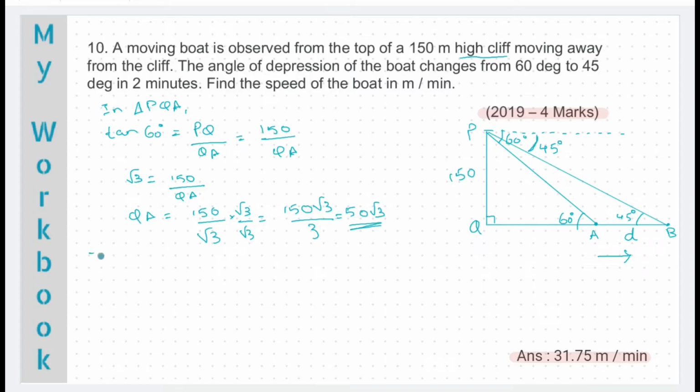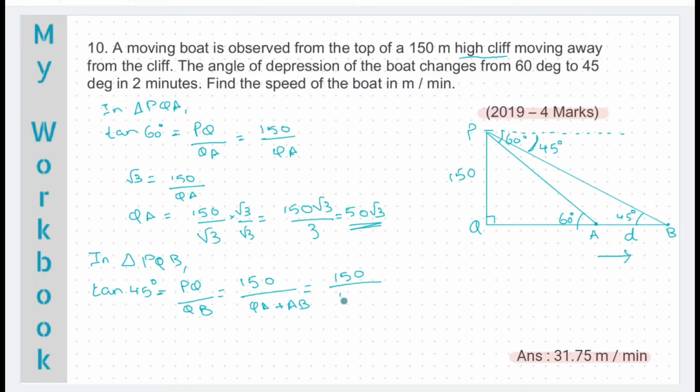Now let's consider the other triangle PQB, the bigger one where the angle B is 45 degrees. Tan 45 degrees is equal to opposite side PQ by QB. PQ is 150, the height of the cliff. QB can be written as QA plus AB.